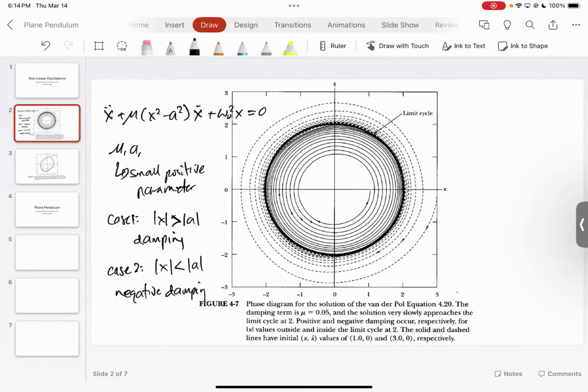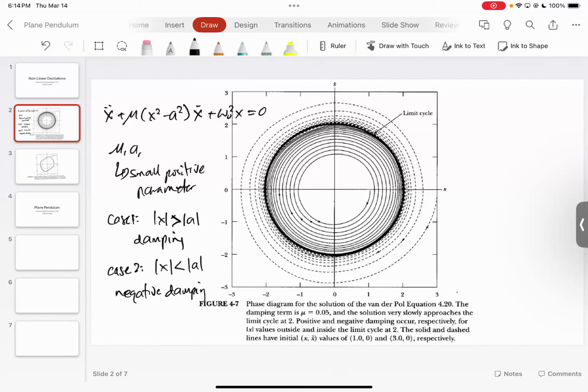Okay? Now what is this figure here? The figure there is a phase diagram. Okay? Now if the absolute value of x is equal to a, then you have no damping. So what you have is a behavior that is limited to a specific shape of x dot versus x. Here that shape is a circle.